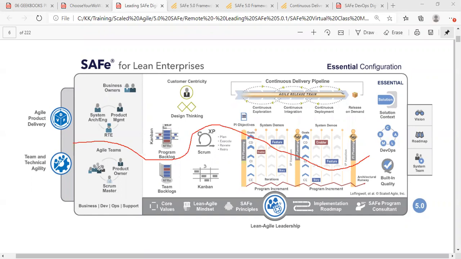We call the layer below the team layer, and the layer above the red line is the program layer. So we have two layers within Essential. I call them the two hidden layers, the team and the program. Now let's understand the team layer.